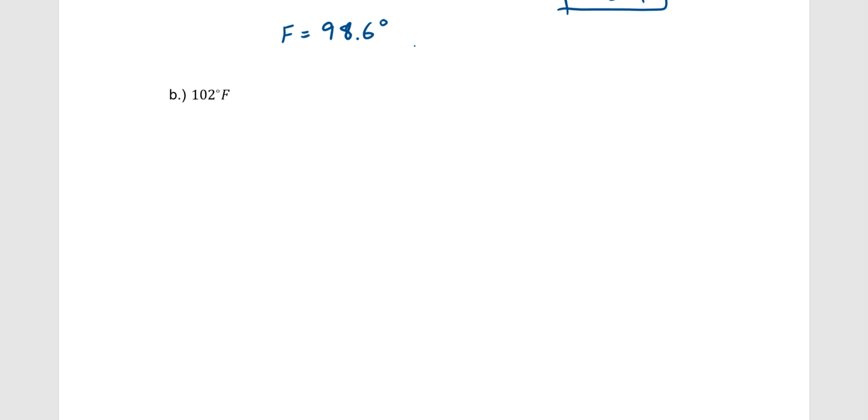And let's do this one, 102 degrees Fahrenheit. Let's find what this is equivalent to in degrees Celsius. So let's use Celsius equals Fahrenheit minus 32 divided by 1.8.